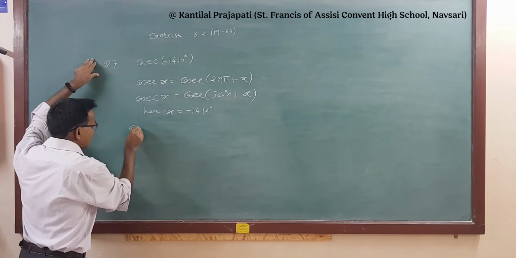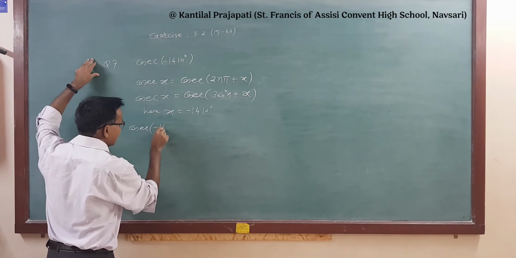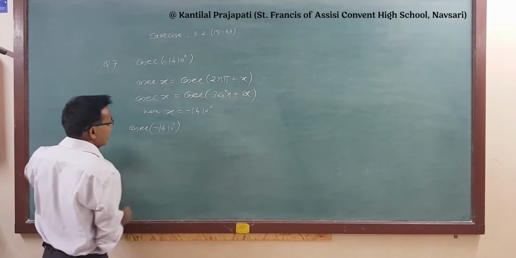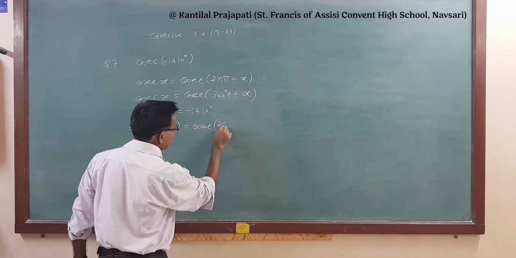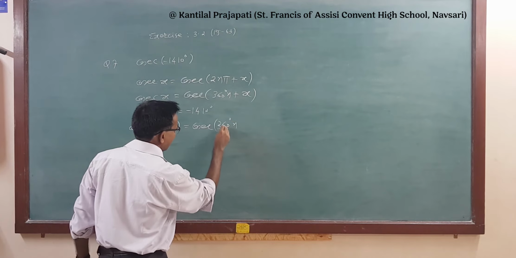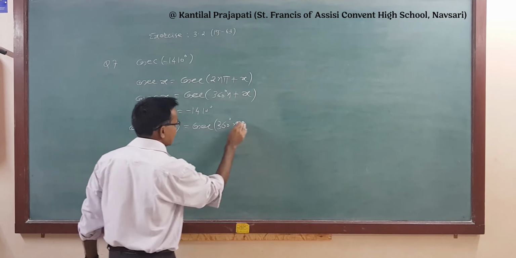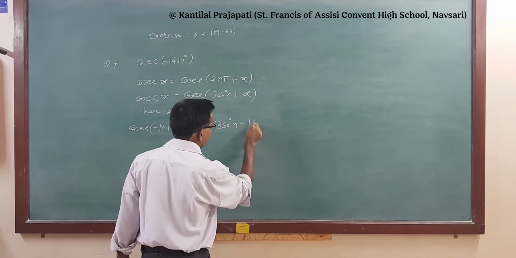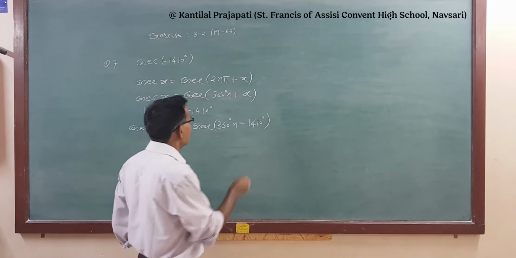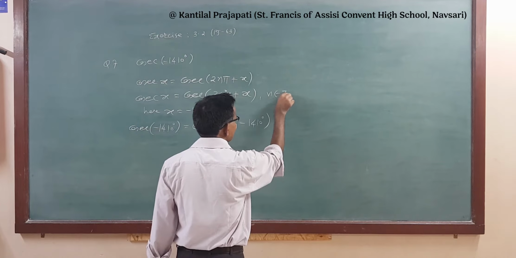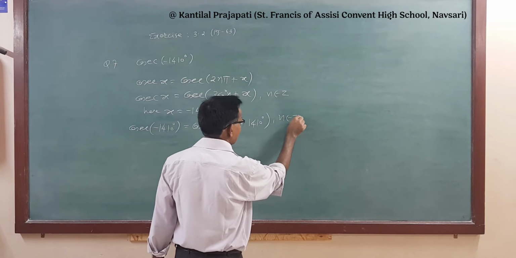So put here cosec of minus 1410 degree is equal to cosec of 360 degree n minus 1410 degree. Now select the value of n. n belongs to Z, n is an integer.